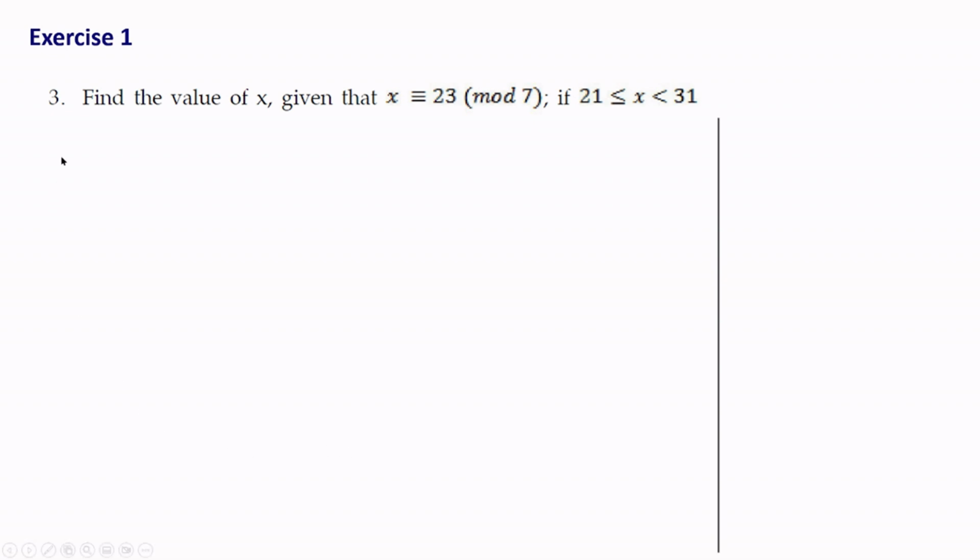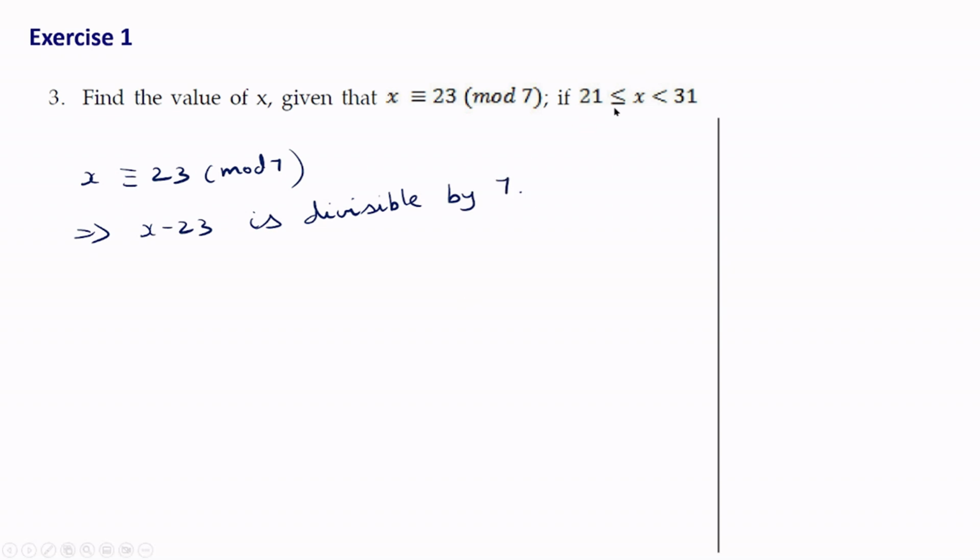Moving on to the next question. Find the value of x given that x is congruent to 23 mod 7, if 21 less than or equal to x less than 31. So here we have to find the value of x if x is congruent to 23 mod 7 and x lies between 21 and 31. X congruent to 23 mod 7 implies x minus 23 is divisible by 7, by the definition of congruence modulo.